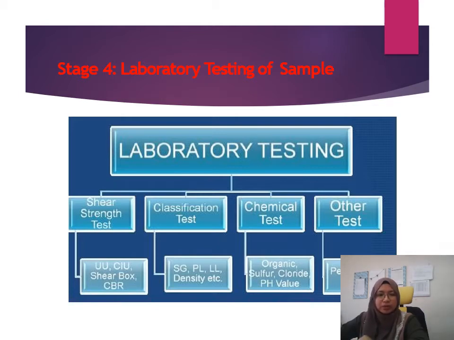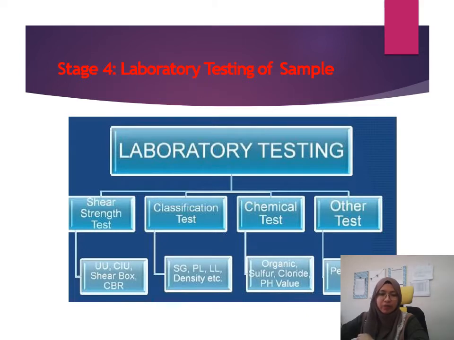For example, if you want to check the strength parameters, you can go for shear box test, triaxial test or CBR test. And if you want to get the classification, the physical properties of the soil, you can go for specific gravity, plastic limit, liquid limit testing, and so on.